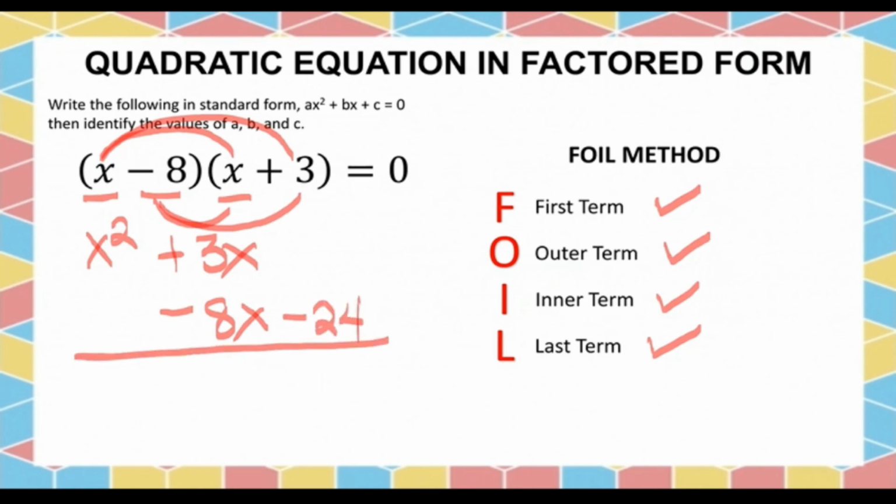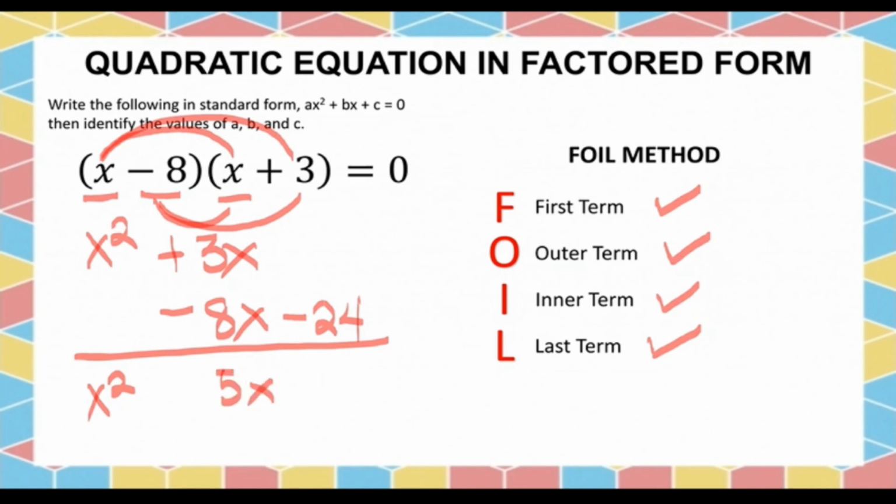Then we simplify. Bring down x squared. If the numbers you are adding have different signs, subtract the smaller number from the larger number, then determine which number is larger. So in this case, since they are unlike signs, we're going to subtract the smaller number from the bigger number, and that is 5x.